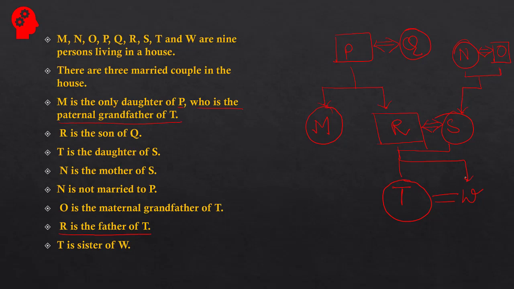And also, we need to take care of the gender at every step. And in a couple of questions, as we have seen in some examples, we might not be able to identify the gender of a particular person. So we do not use our assumptions there, rather we leave it like that, so that the gender of that particular person cannot be determined on the basis of given data.